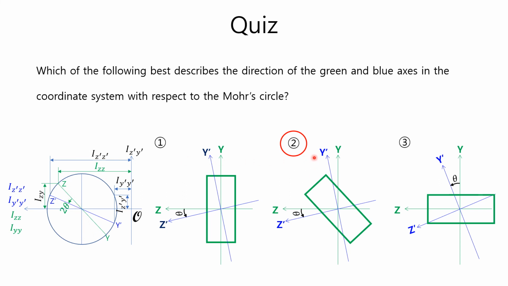Number 2 is the answer in line with the diagram of Mohr circle because the second moment of area gets bigger and the product moment of area becomes smaller as it rotates from the original green axis to the rotated black axis.